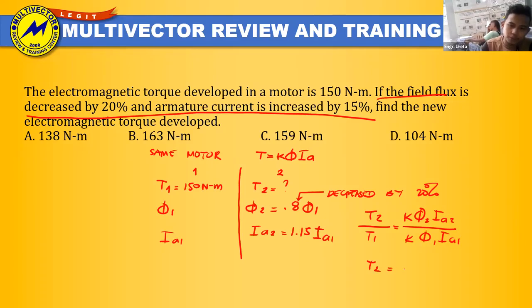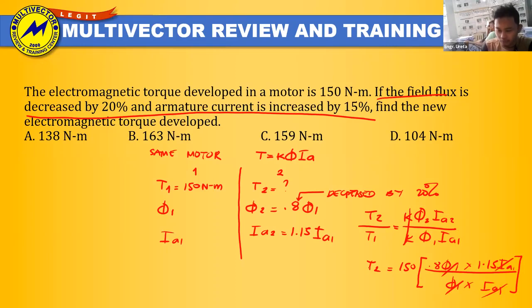T2 is just equal to T1, which is 150, so cancel lang yung K. Flux 2 kasi is 0.8 ng original flux, times IA2, which is actually 1.15 naman ng original armature current, all over the original flux times the original armature current. So cancel, cancel, cancel. Therefore, our T2 is just equal to 138 Newton-meter.